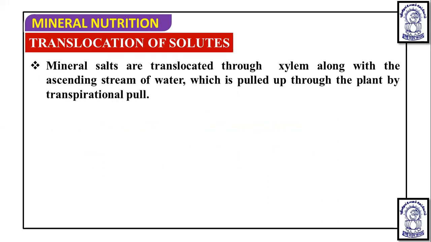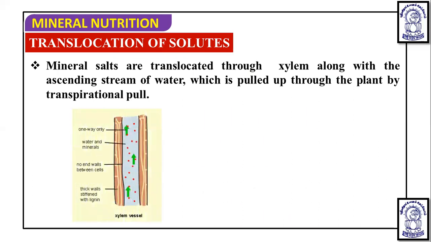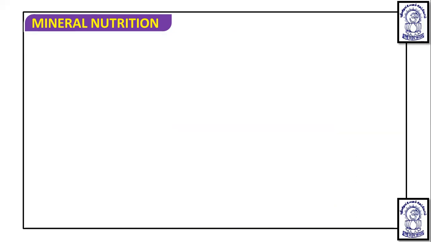Mineral salts are translocated through the xylem along with the ascending stream of water, which is pulled up through the plant by transpiration pull. Transpiration occurs from the surface and develops a transpiration pull, through which they are translocated along with the water. So the xylem plays a role in their transport.